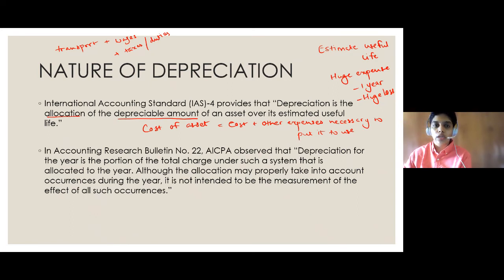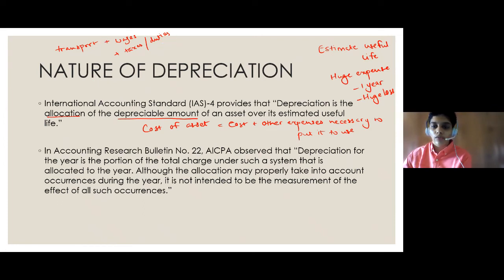If you are importing an asset from some other country, you may have to pay import duty. If you're buying it from some other state, there may be other taxes depending on the laws of your state. Or if you're buying it from another city, you may have to pay certain local taxes to get that asset into your city.